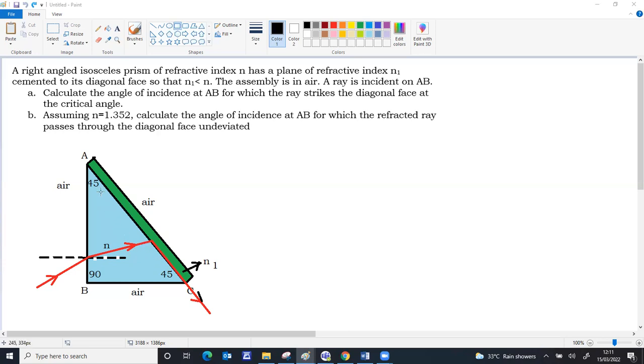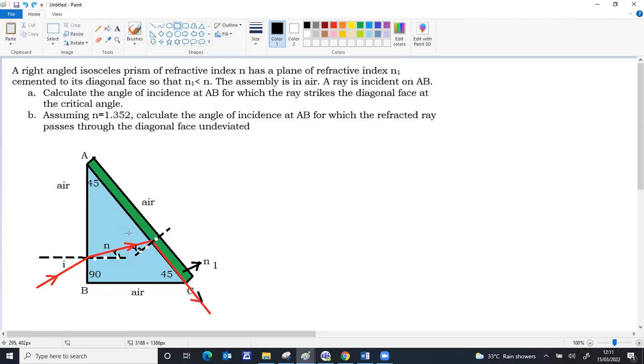That's the question. So right angled, B is 90, isosceles, A is 45, C also 45. This is the normal at AC where the light ray strikes. The angle of incidence on AB is I. The angle of refraction on AB is R1, between the normal and the refracted ray.